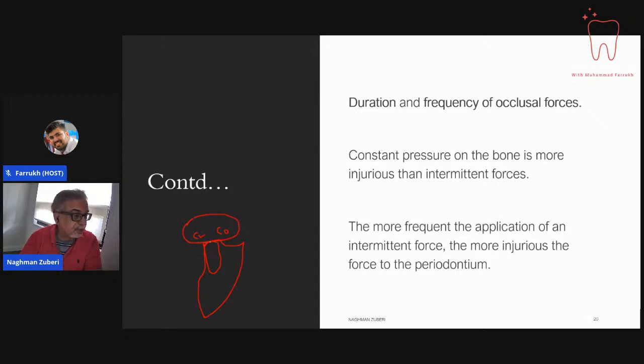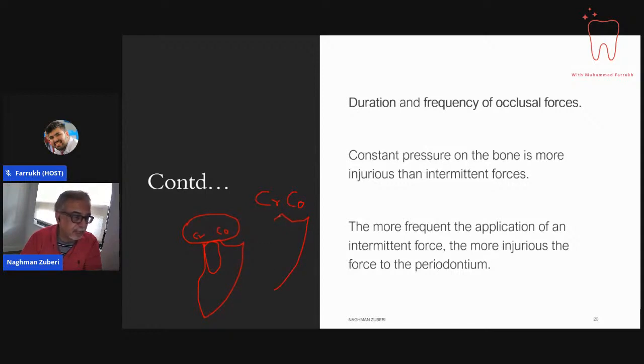From centric relation to centric occlusion, when they come in initial contact, in those people where centric relation and centric occlusion are at the same place without any shift, meaning no shift occurs laterally or anteroposteriorly, then we do not have even this line present. It will be just a single spot, and then the protrusion, excessive protrusion, and then the opening.